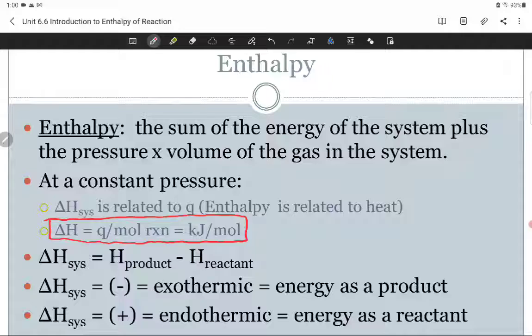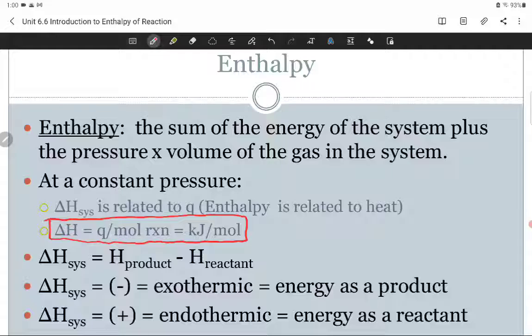And we're always going to be talking about the system in terms of enthalpy, so we're not always going to be writing the SYS or the word system. But delta H is the energy, the Q, the heat, divided by the moles of limiting reactant if it's a reaction. Sometimes it might just be a physical process, not a chemical reaction. So in those times, we'll just be talking in terms of the chemical itself.